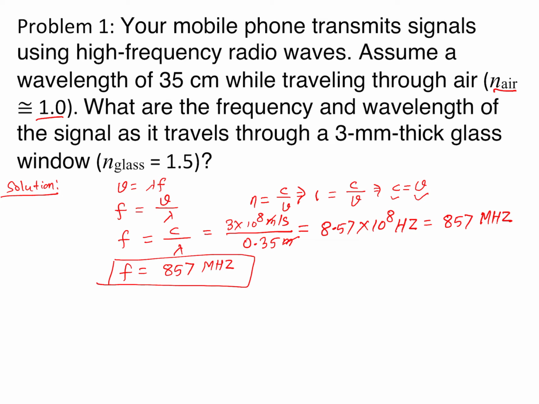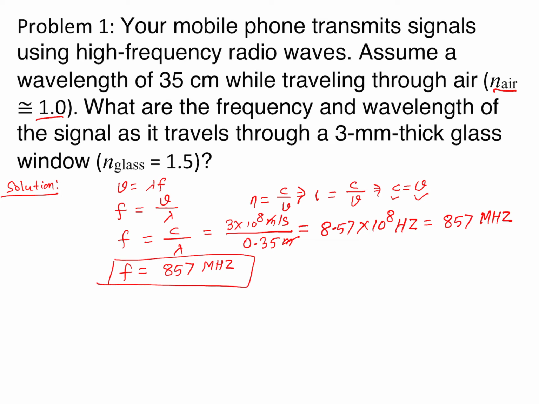Second, we need to find out the wavelength. What are the frequency and wavelength of the signal as it travels through the 3 millimeter thick glass window? We already found the frequency in air, and that frequency is the same no matter what medium you use.